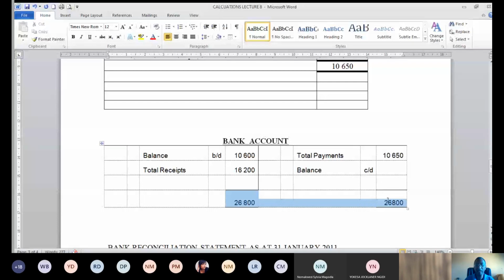You are now going to calculate the difference between the two sides.